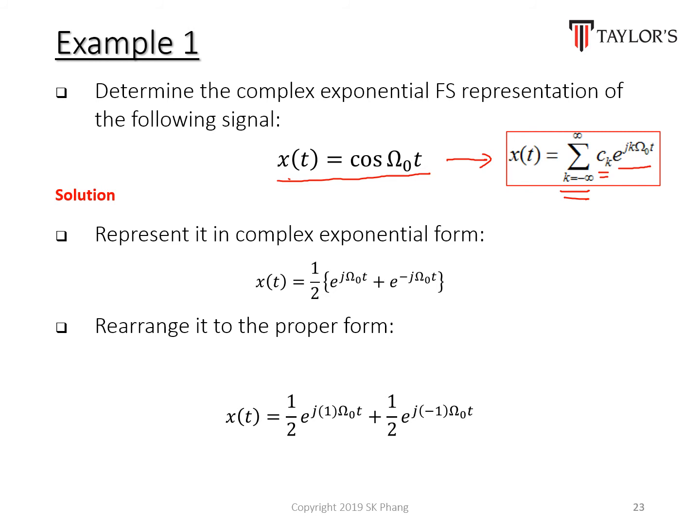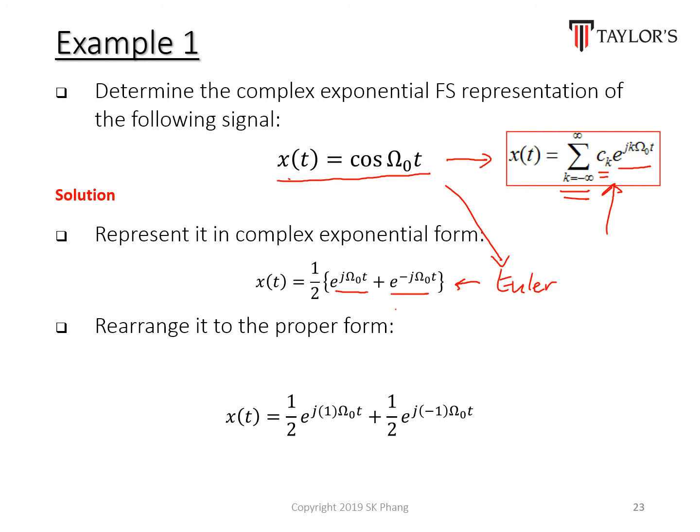For this case, you don't even need to apply the formula to find out what ck is. You just use the Euler formula, where you can make cosine of omega t into e to the power of j omega t plus e to the power of negative j omega t, divided by 2.